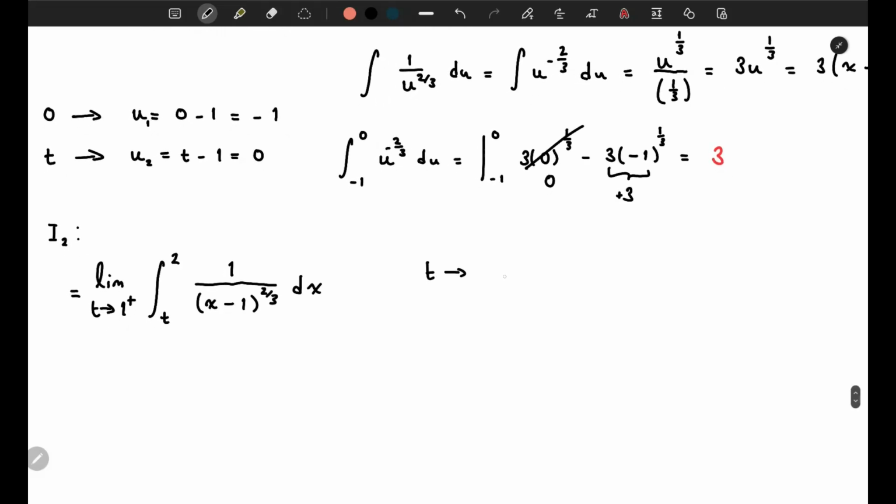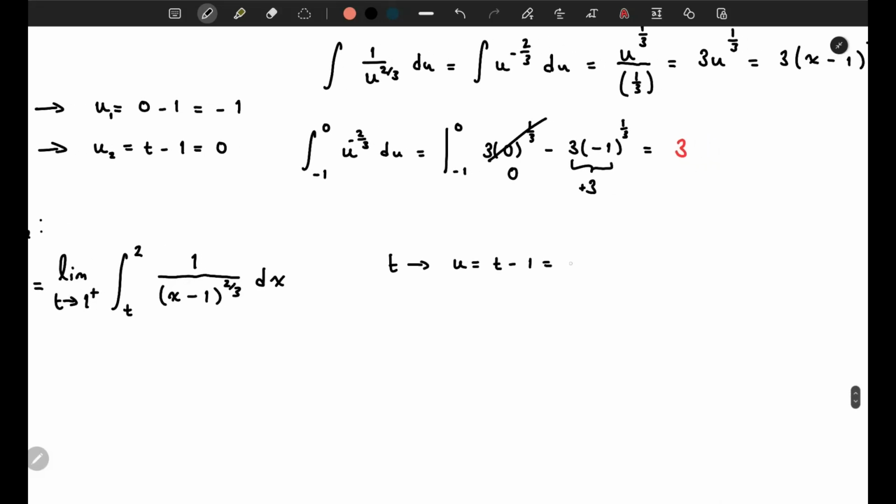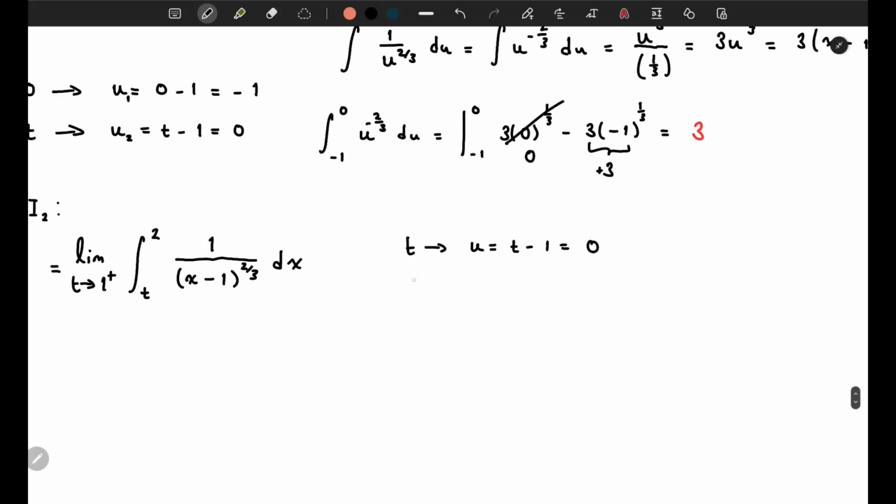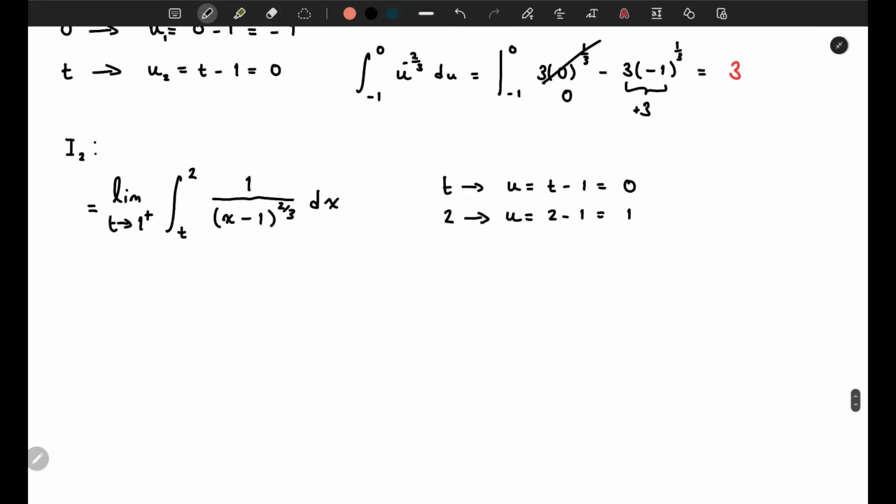So this time for t, u is equal to t minus 1. Remember, t is 1 technically, so this is technically 0. And then for 2, you change that, and that would be u is equal to 2 minus 1, which is equal to just 1. So those are our new bounds. So let's rewrite that.